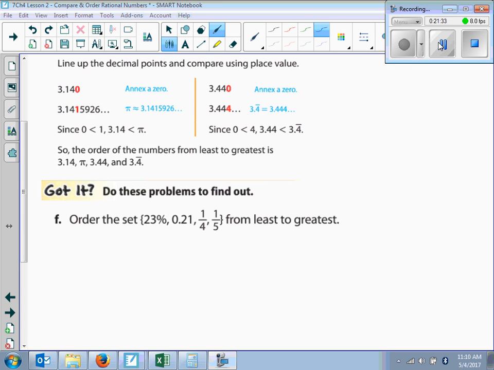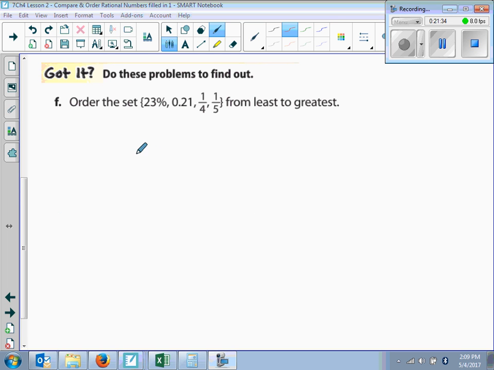All right, so for this example F, it says order the set of data from least to greatest. So what we're going to do when we put this data in order for us to compare it, we're going to change all of them to decimals.